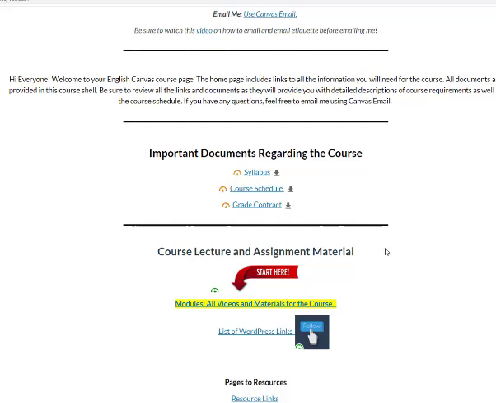When you negotiate this contract, you will go to the discussion section, where you'll be able to include your ideas, any beliefs you have about it, and any suggestions for changes. We will then review the information together and make a final decision on how we want the grade contract to look.